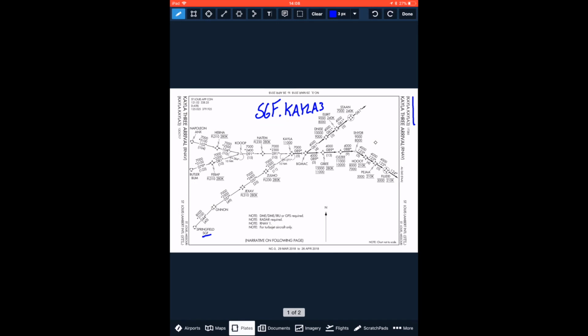Now, another thing you can do is request no star. So if you put this in the remarks section, then ATC will know that you would prefer to not use a star. However, remember that this is only a request, and they can still give you a star if they wish.